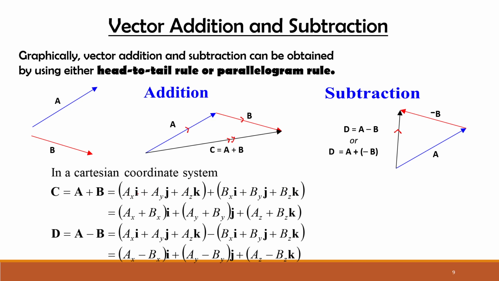I add the i components, so I have AX plus BX i. For component j it will be AY plus BY, and component k will be AZ plus BZ k. Similarly for subtraction, just change the addition to subtraction.